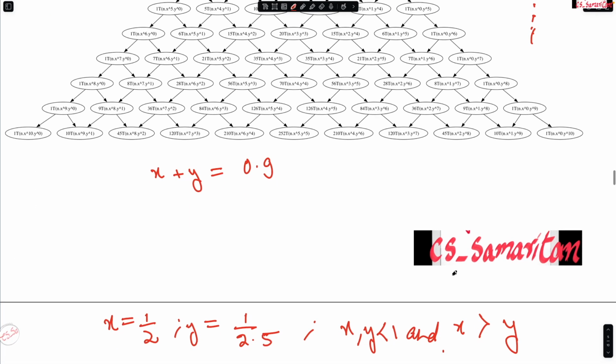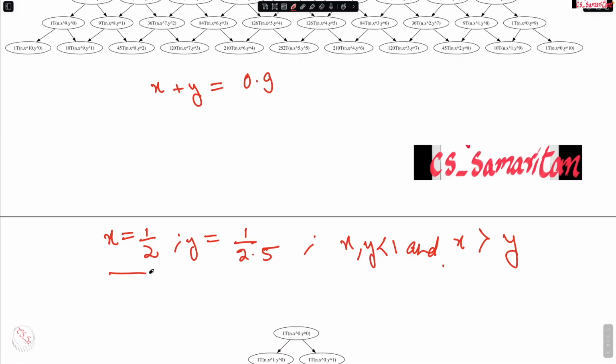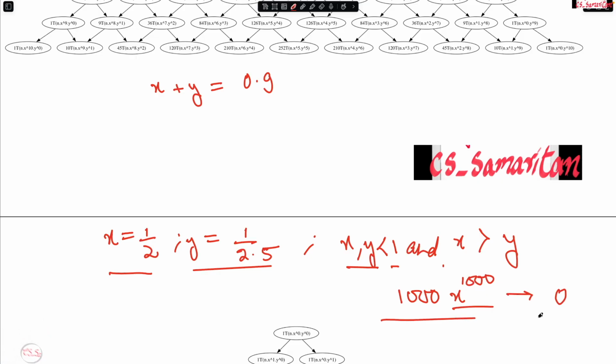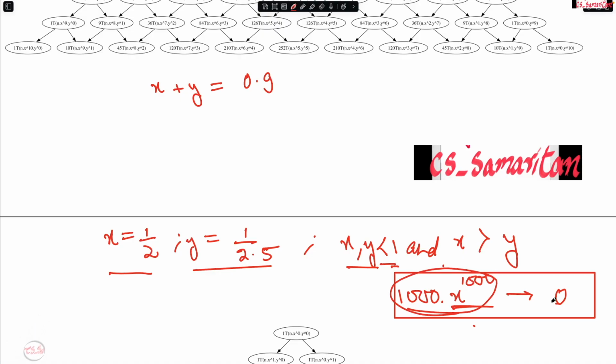So we have to understand something, that is, x is equal to 1 by 2 and y is equal to 1 by 2.5, right? So this basically means that x and y are less than 1. So for any positive number, suppose 1000 is multiplied with x raised to the power 1000, that is going to be very close to 0. This is something I want to express, right? As the exponent of any term that is less than 1 is increased and that exponent is multiplied with any natural number, the whole thing tends towards 0, right?